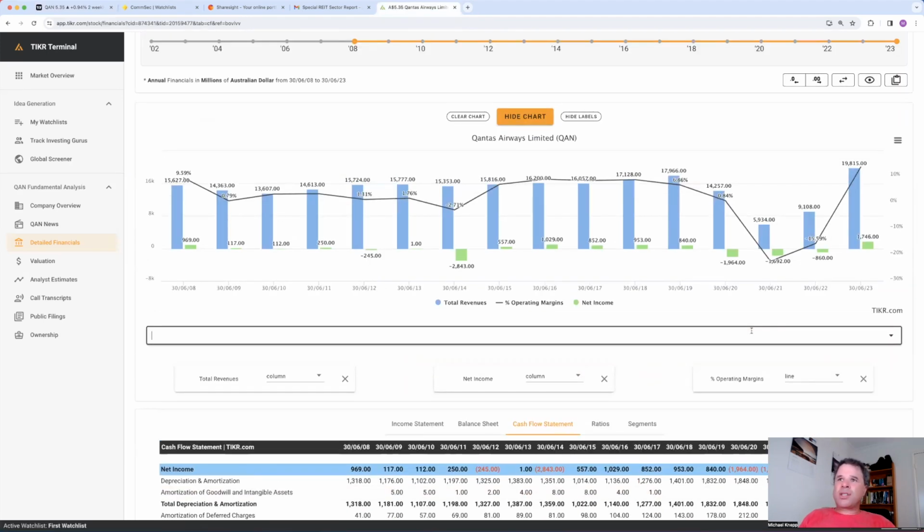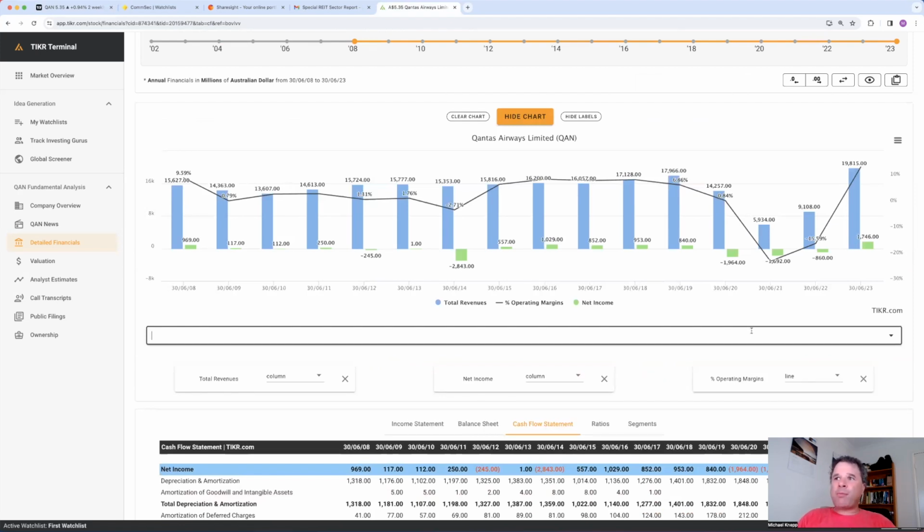In fact, I haven't put profit on this just yet, net income, over the past 15 years. And the main thing to take away from this, the Qantas margins in the financial year 23 were significantly higher than what this company has seen over the past 15 years. So not sustainable, which means the profit this company had, 1.7 billion, was significantly higher than this company has seen in the last 15 years. Financial year 23 was a one-off.